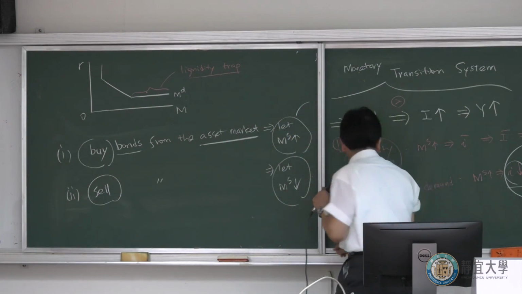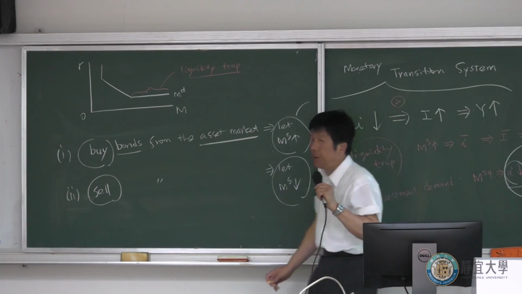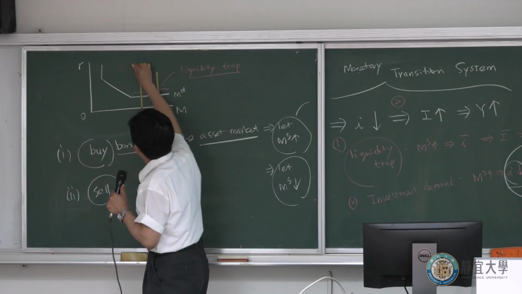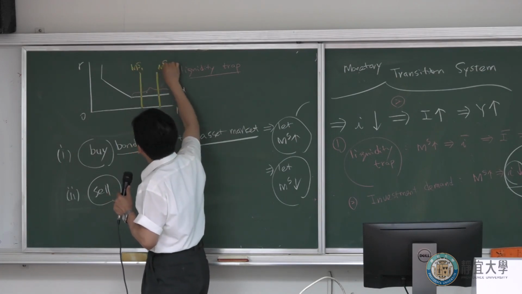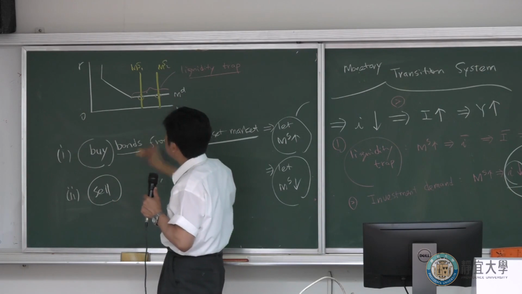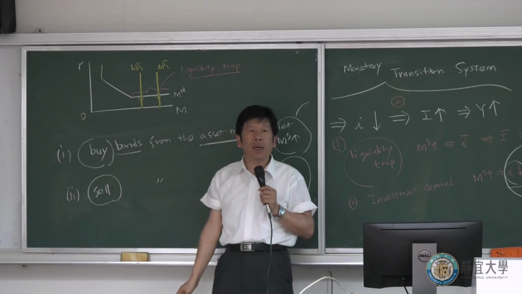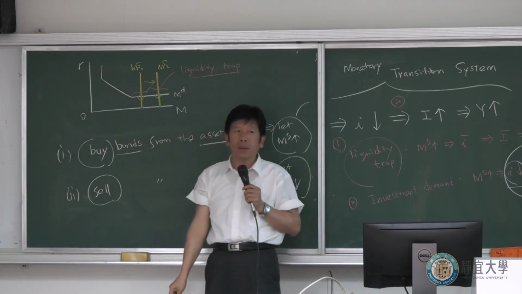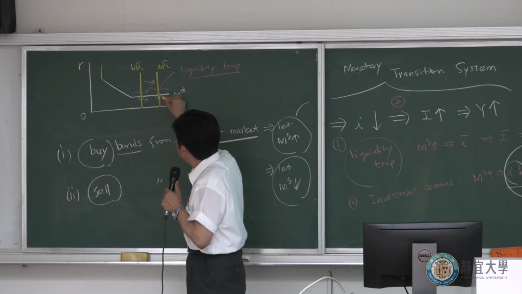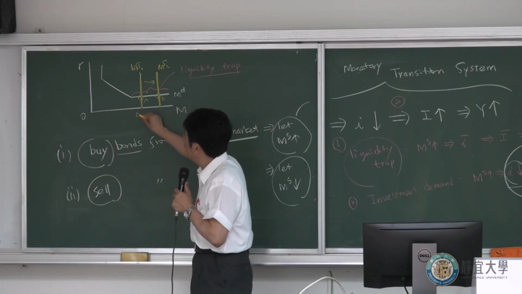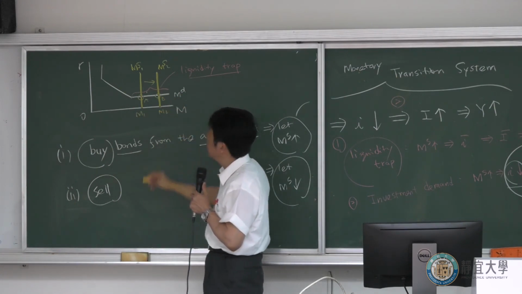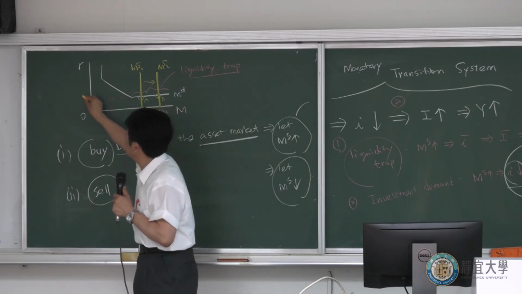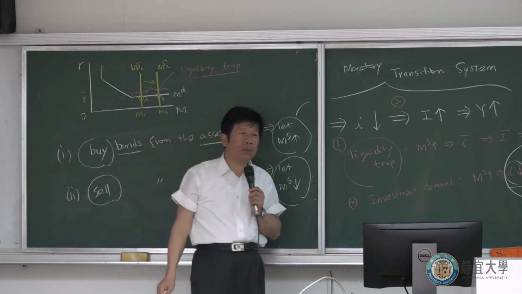What does this mean? It represents a situation where the government uses monetary policy. For example, this is MS1 and this is MS2. The government lets the money supply increase from M1 to M2, from point A to point B, but the interest rate R is constant, no change.